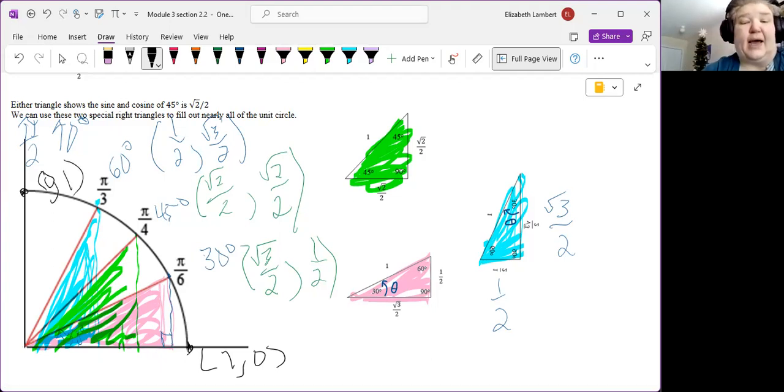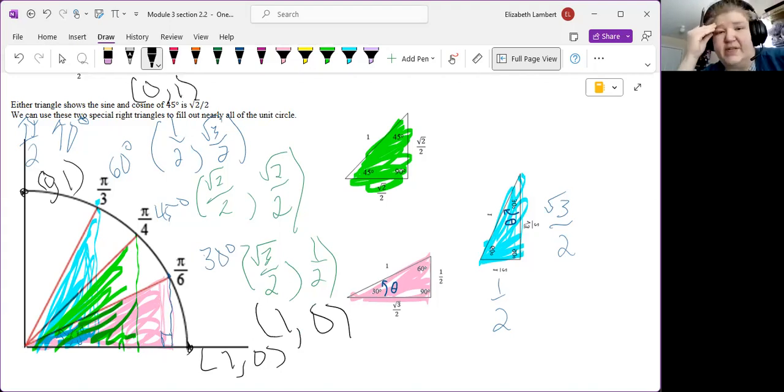So if you look at these 5 points organized like this, you can see the x values start at 1 and run down to 0. The y values start at 0 and run up to 1.